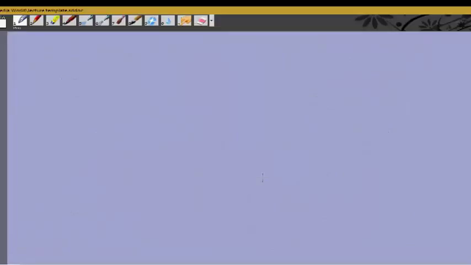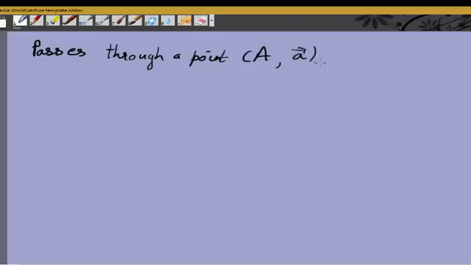Now let's look at the second format of the equation of the plane, in which we are given that it passes through a point, let's say A with position vector a, and we are given the perpendicular direction.